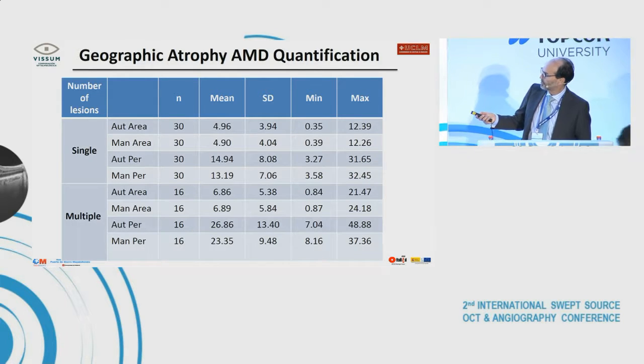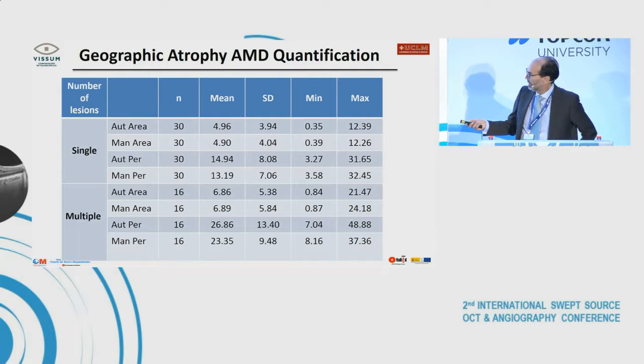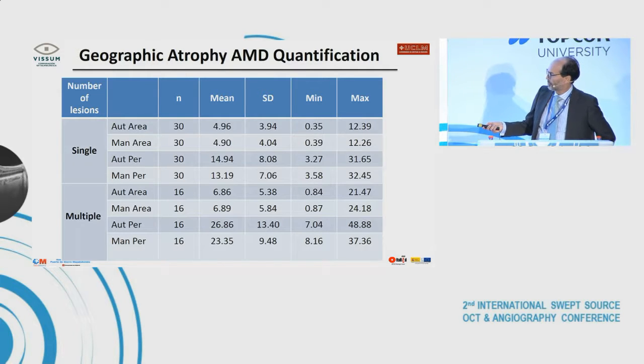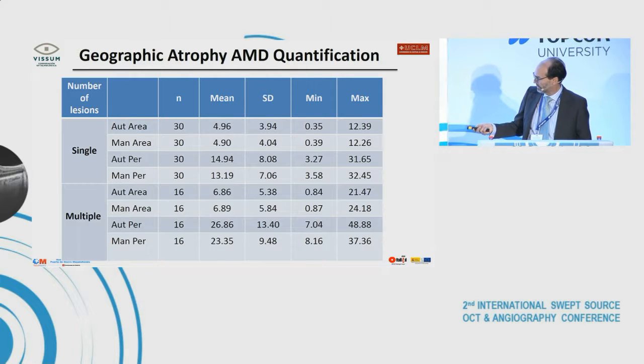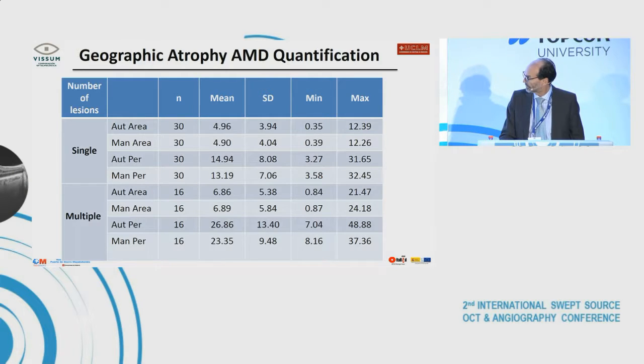This is the distribution according to the number of lesions. With single lesion, the automatic area was 4.96 versus 4.90, and in multiple lesions, 6.86 versus 6.89, both results very near. With the perimeter, there are more differences, 14.49 with single versus 13.19, and 26.86 versus 23.35.